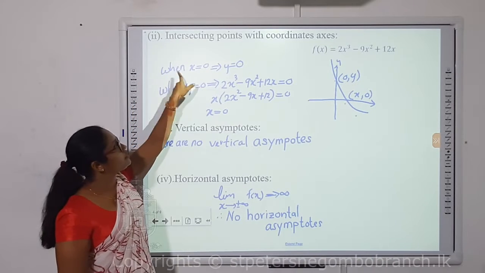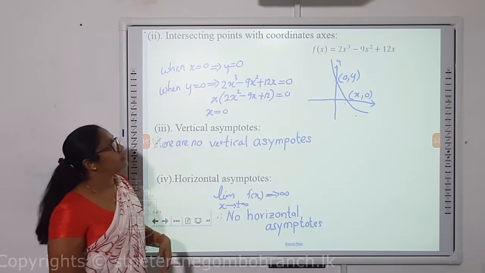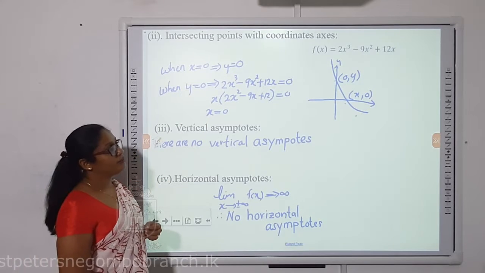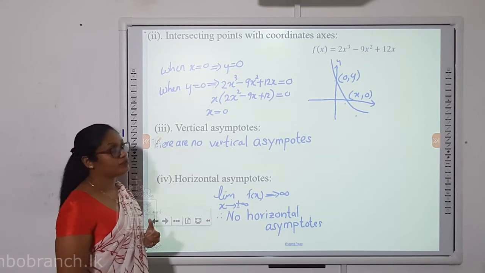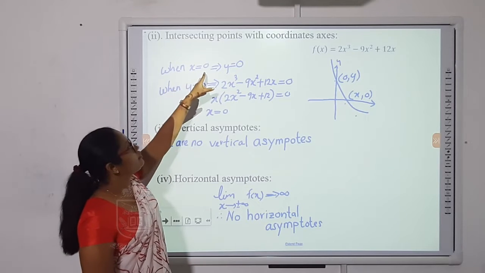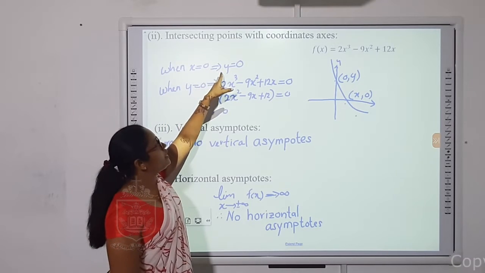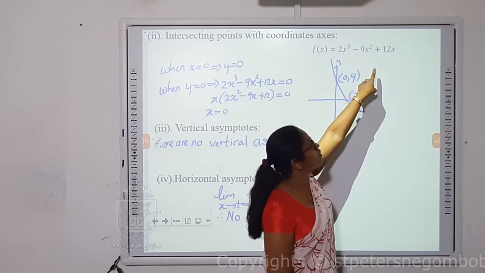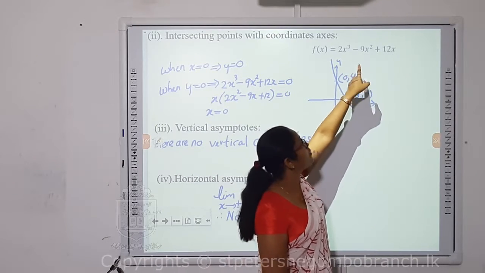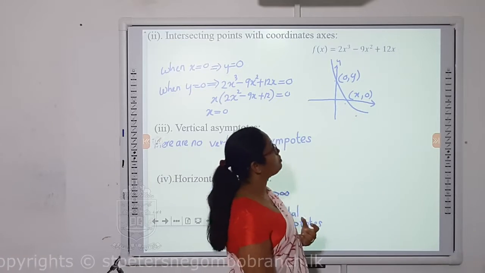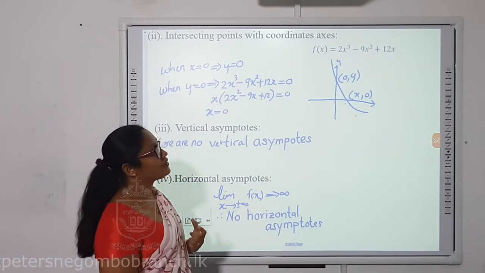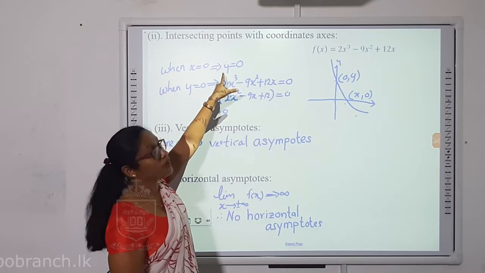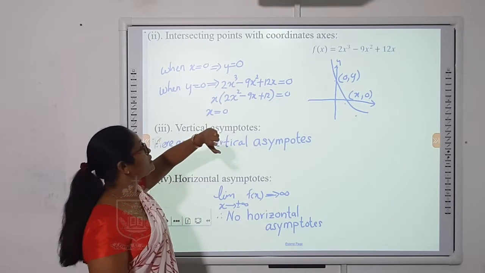When x equals 0, I try to find the place where the graph cuts the y-axis. So at x equals 0, to find y, you have to put x equals 0 into the initial function. Everywhere you can see x, if you put 0 there, the answer we get is 0. That's why I put here y equals 0, right?